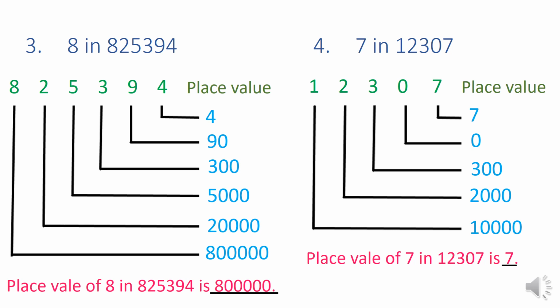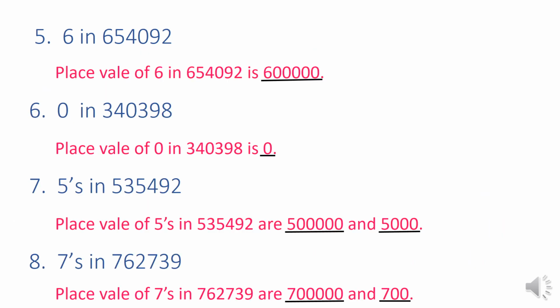So the place value of 7 in 12,307 is 7. In this question, 4 questions are remaining. Do that as homework. Now we are going to the next question.